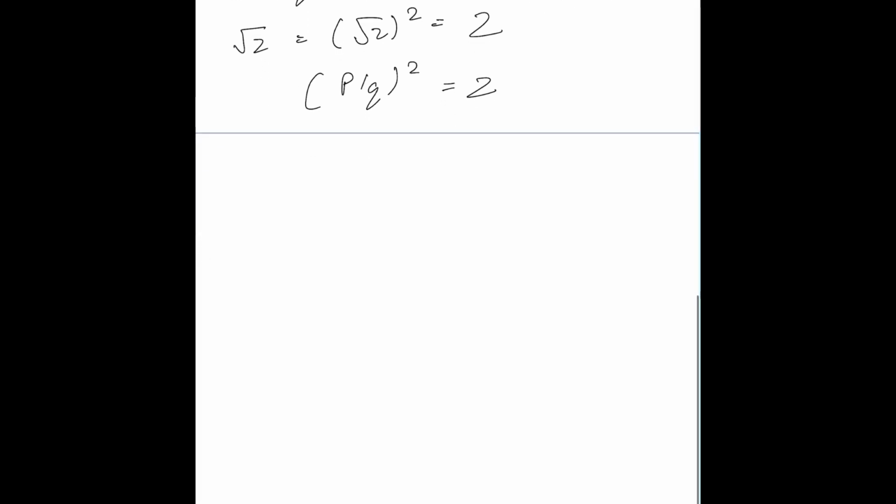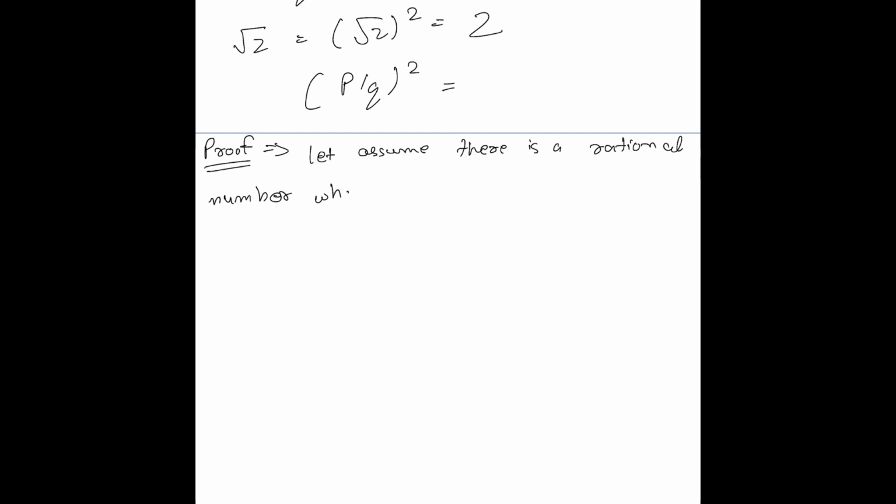So, let us assume there is a rational number whose square is 2.